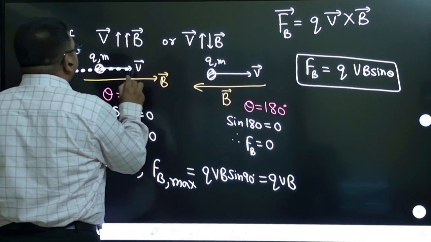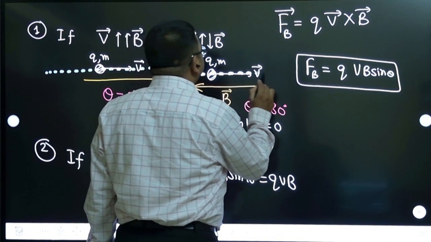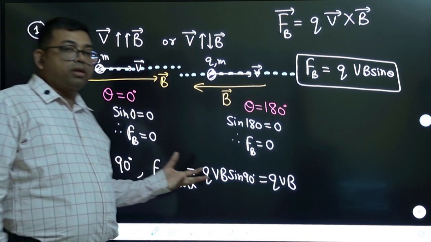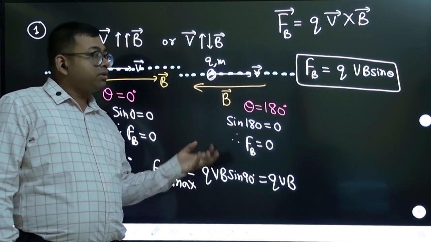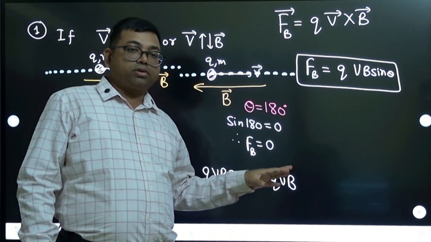Here also, in this case also, it will continue. Why? Because the force is not there, so acceleration is not there. Acceleration is not there means velocity is constant, so whatever velocity it is, it will maintain constant velocity.